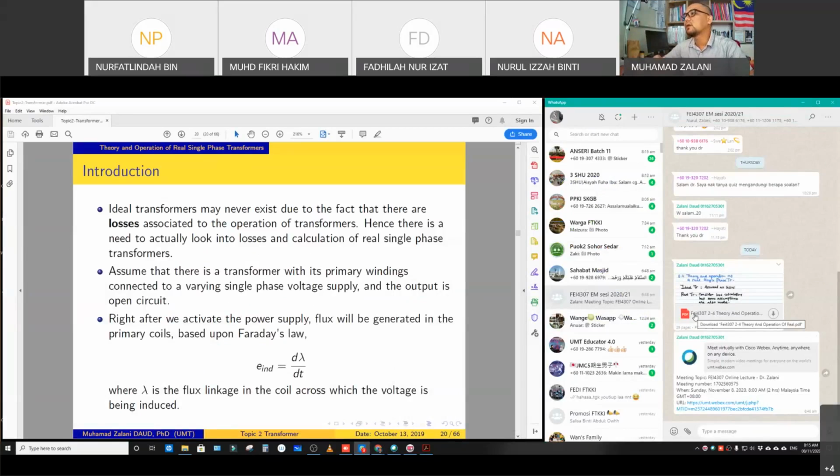I have shared it for you to use as a reference, but as I advised all of you before, you have to write your own notes. You cannot depend on others' notes. Make sure that you write your own notes. You can refer to the notes that I've given to you, and at the same time try to write your own notes.